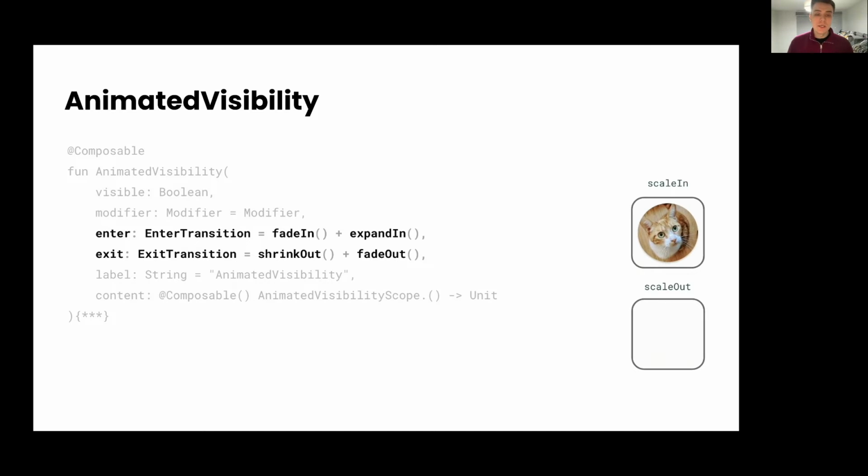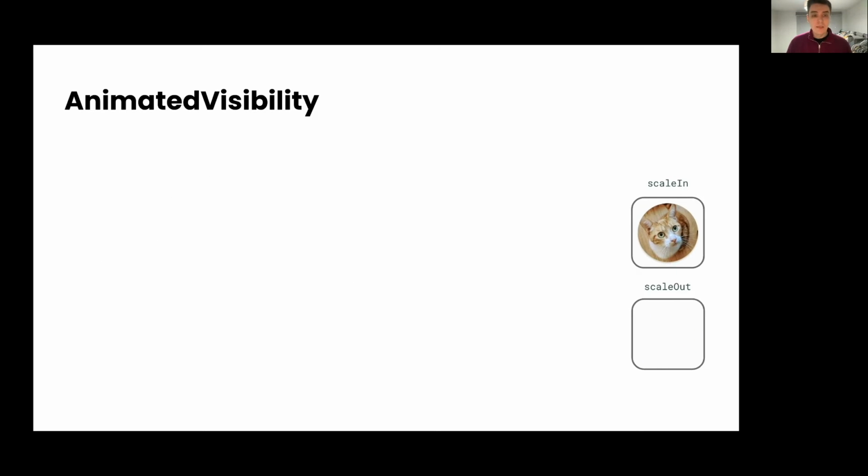And on the right, you can see an example using scale in and scale out, right? So we kind of have this animation of the cat. And yeah, this is what can be done just by using framework provided enter and exit transitions.